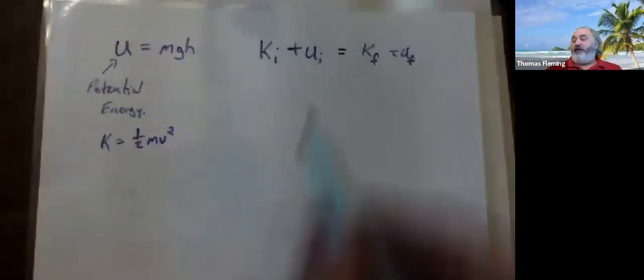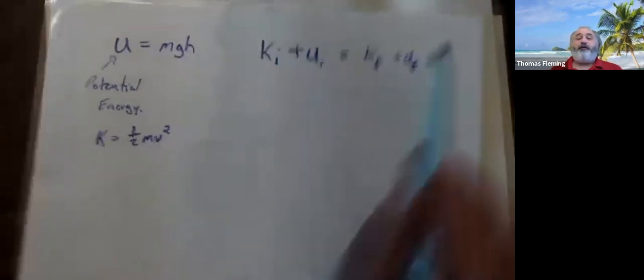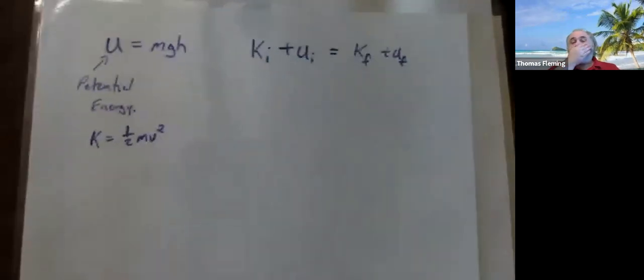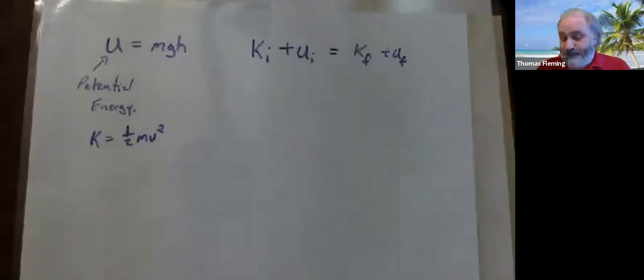In other words, the energy you start with is the same as the energy you finish with. And so we were able to learn how to solve problems utilizing this sort of technique.